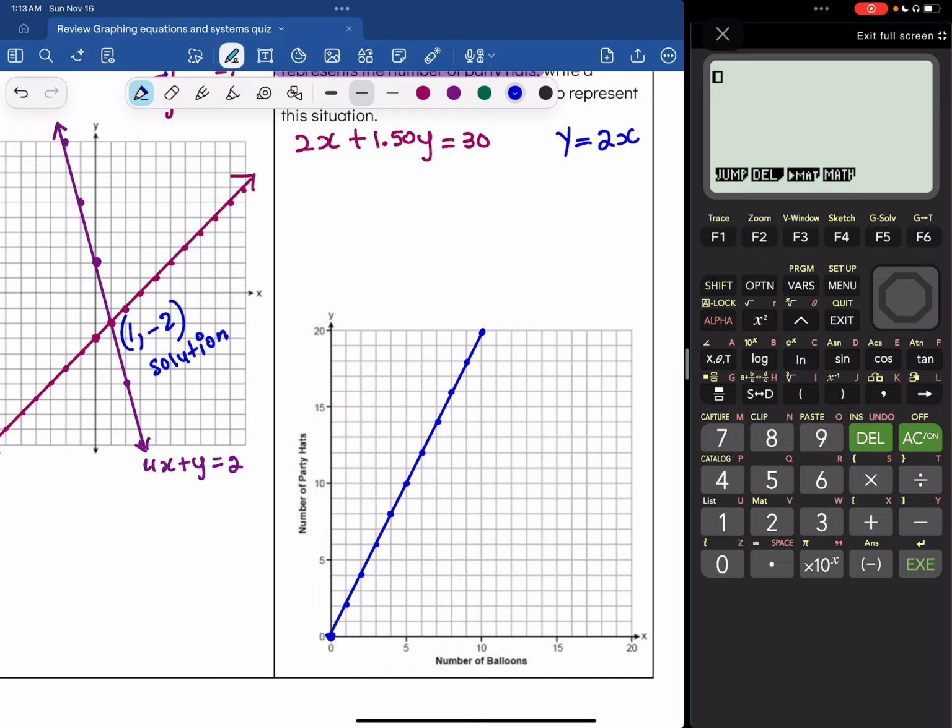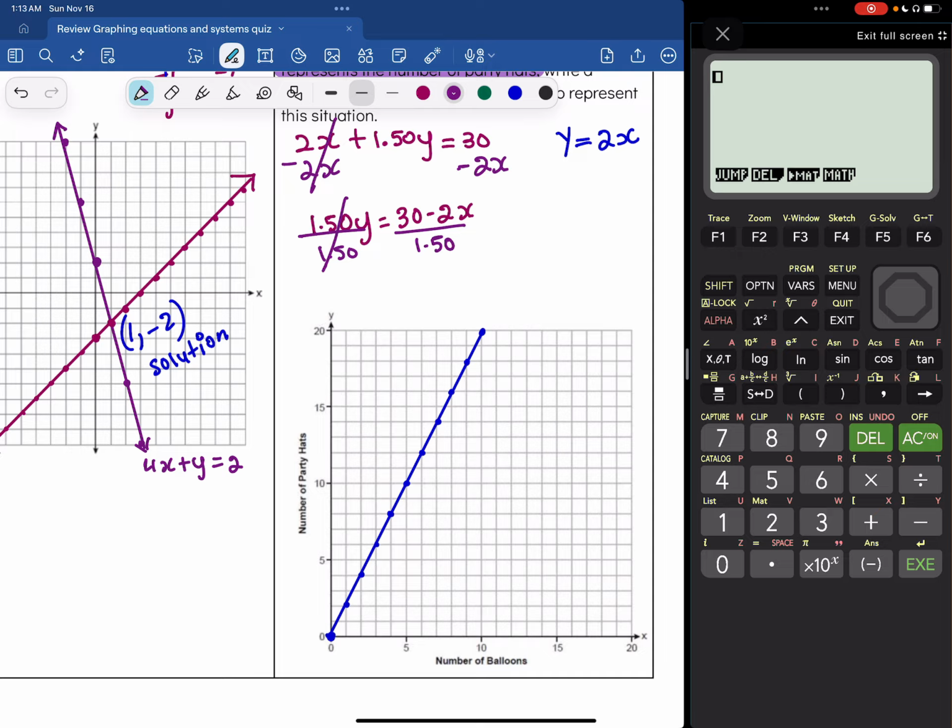I'm going to start by subtracting the 2x from both sides because I need to get the 150y by itself. That's going to cancel. I'm left with 150y is equal to 30 minus 2x.